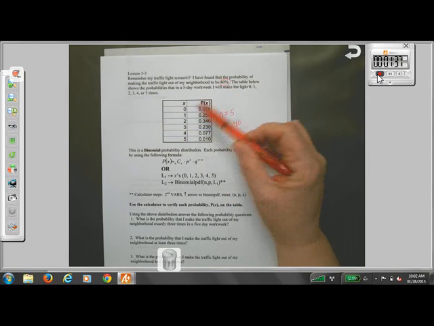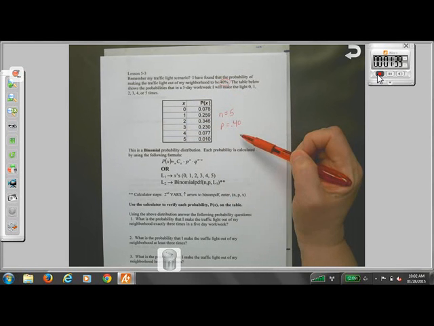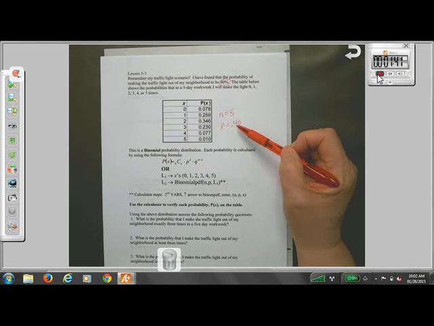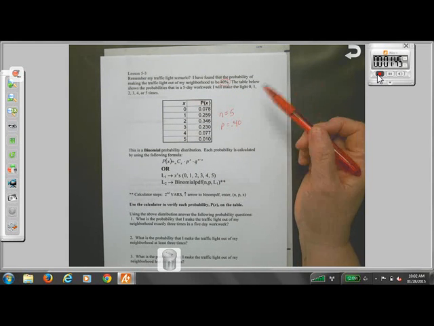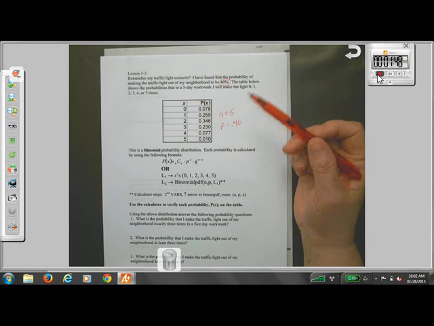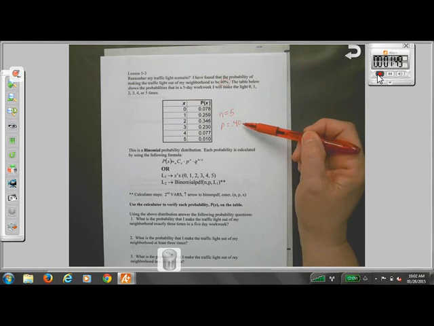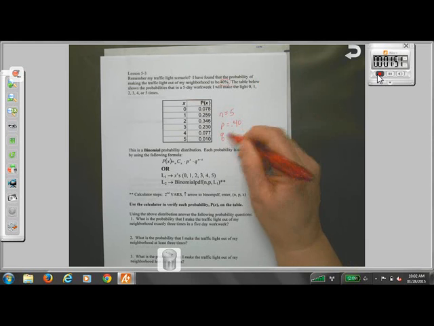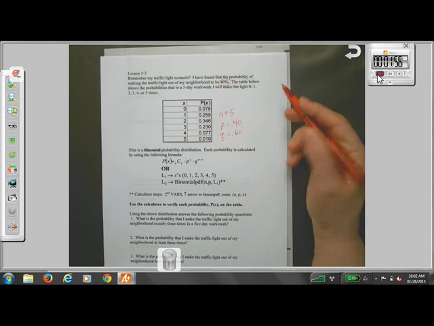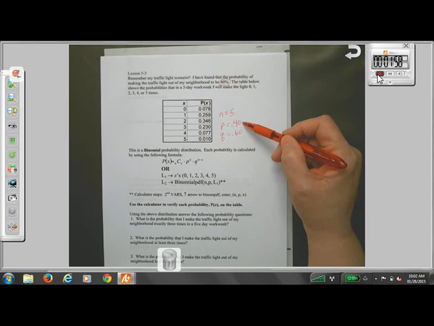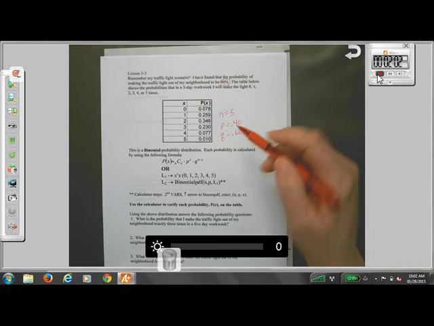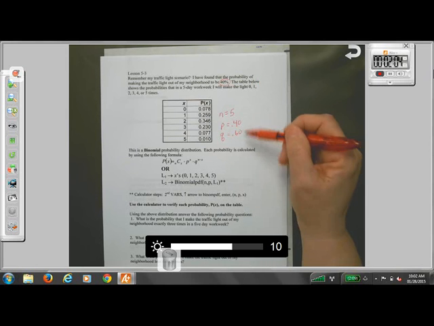This is what we call a binomial distribution because with this probability of 0.40, there's only one other probability. I don't make the light. What would be the probability that I don't make the light? 0.6. I'm going to call that Q. So Q is the complement of P, or 1 minus P is Q. Okay, so they add up to be 1.